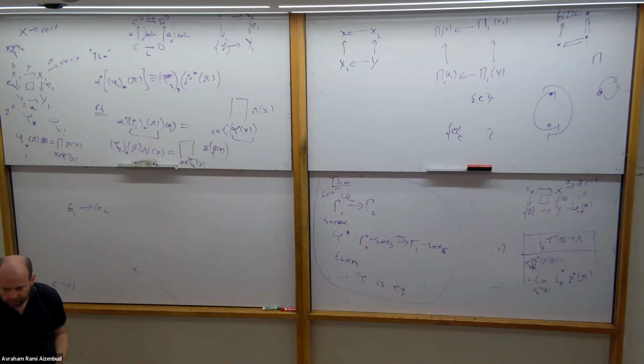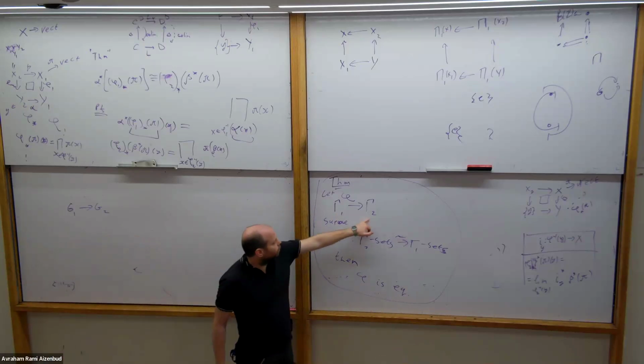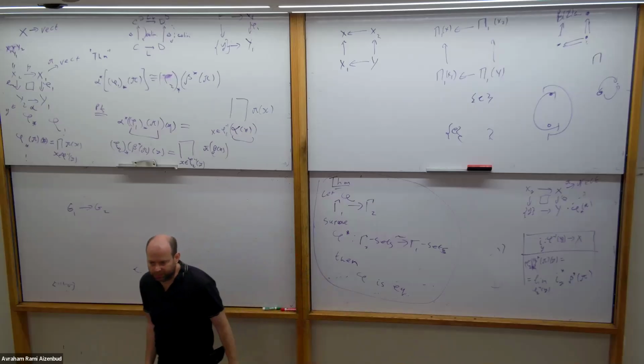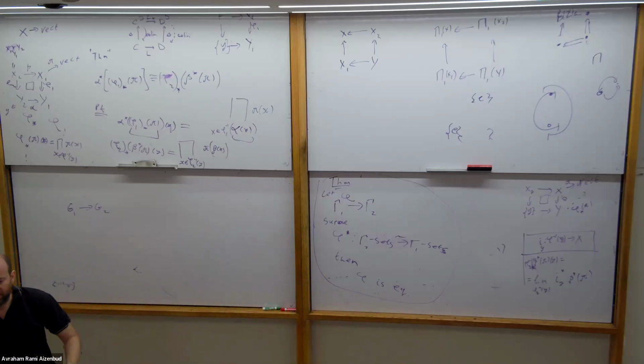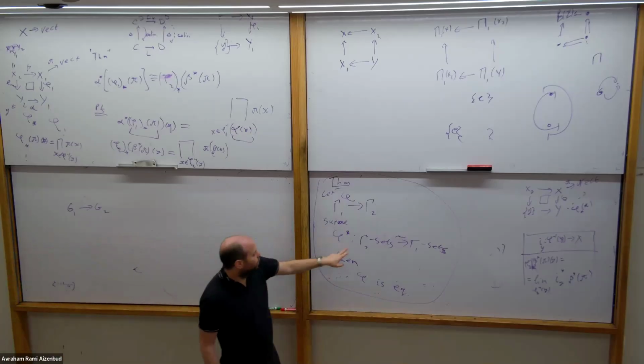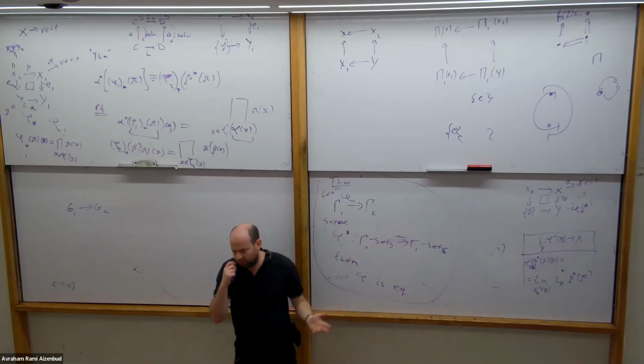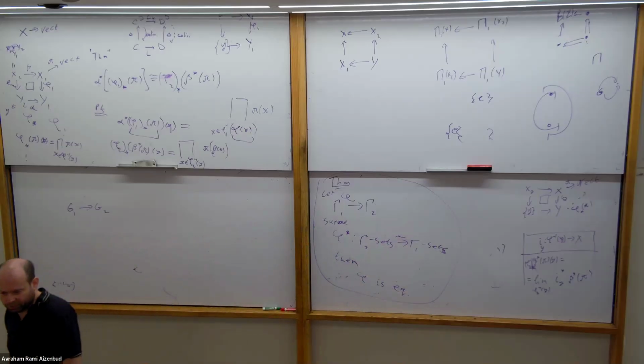And then when you pull it back here, you get the empty gamma 1 set, the initial object. So it means that the functor maps a non-initial object to an initial object, whereas it has to map initial object to initial object.